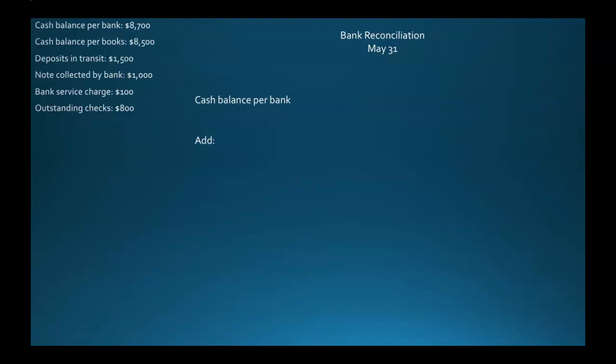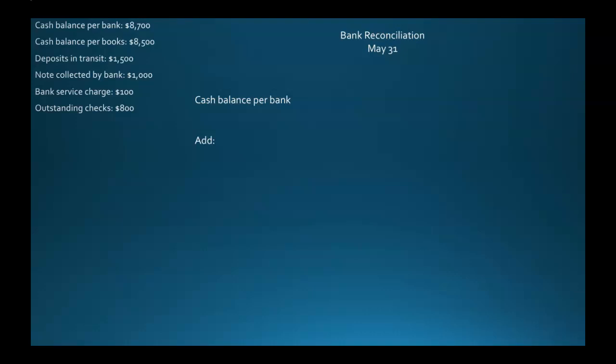So we have 4 different choices that we could add. We could add deposits in transit, note collected by the bank, bank service charge, and outstanding checks. Well, a bank service charge is going to decrease the amount of money that we have, and so are checks that we've written that haven't been cashed yet.